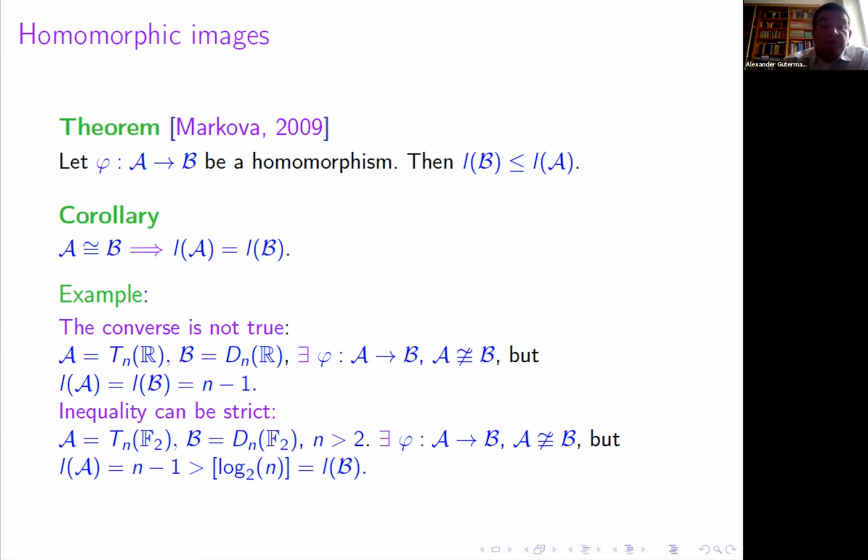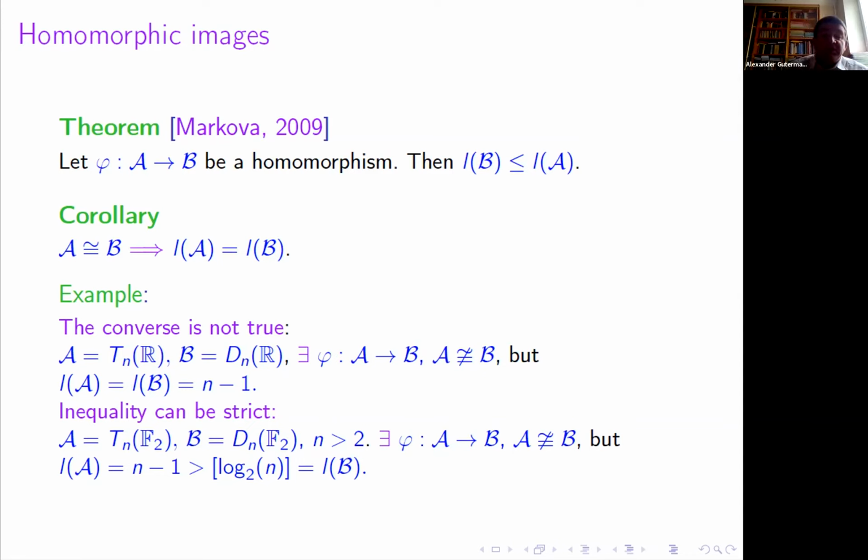For example, here we have equal values of length, but there is no isomorphism.